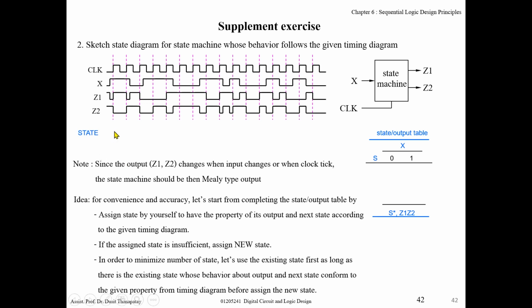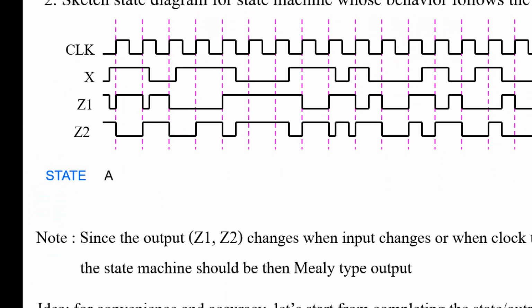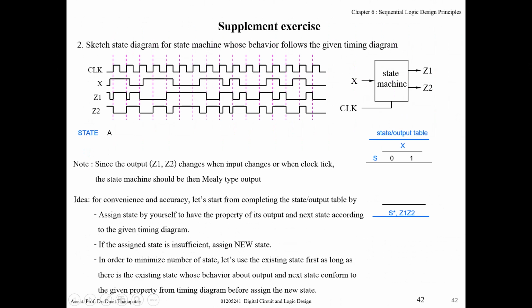At first, because there is nothing at the beginning, I will define state A. What is the property of state A that you should know? From this table, you must know the next state when clock ticks, with input x being 0 and x being 1, and the output when x is 0 and x is 1.